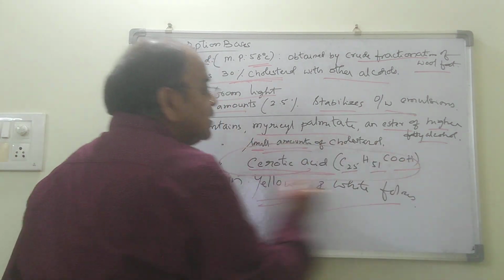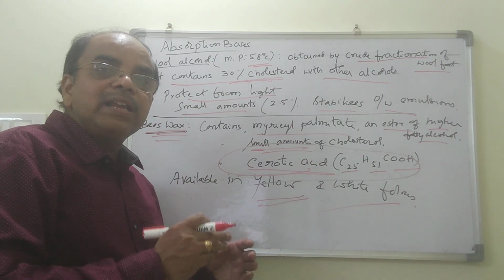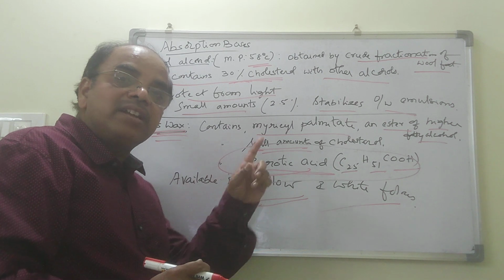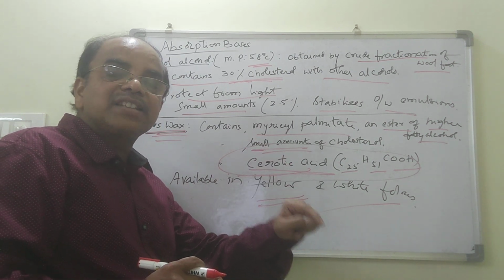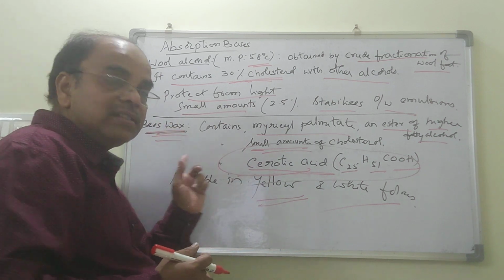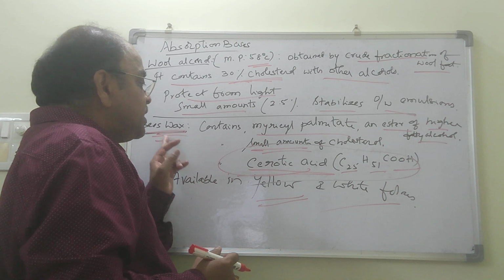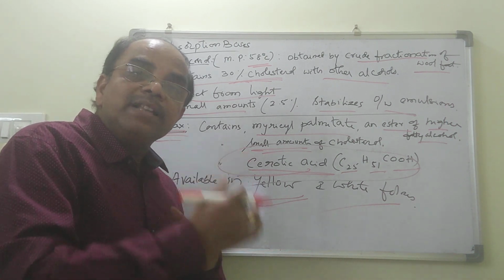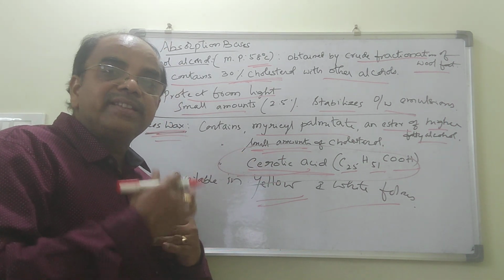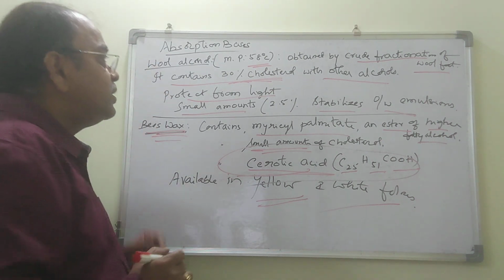This is useful in the preparation of cold cream. Cold cream composition contains beeswax and borax also. What is borax? Sodium borate. Sodium borate reacts with the cerotic acid of the beeswax and forms the emulsifying agent, which is helpful to prepare the cold creams. So this is about beeswax and wool alcohol.